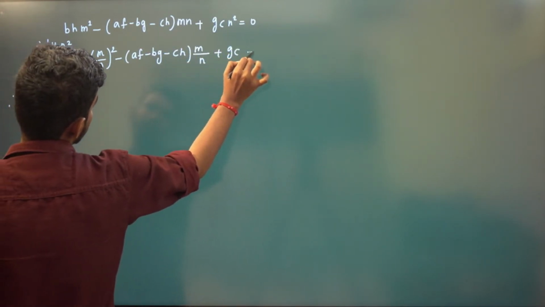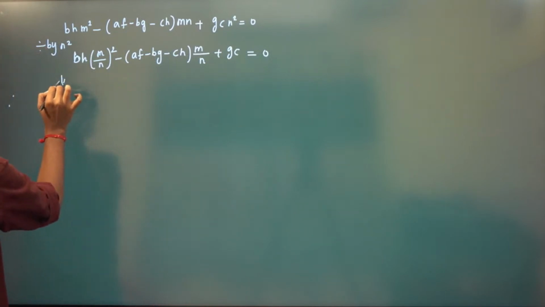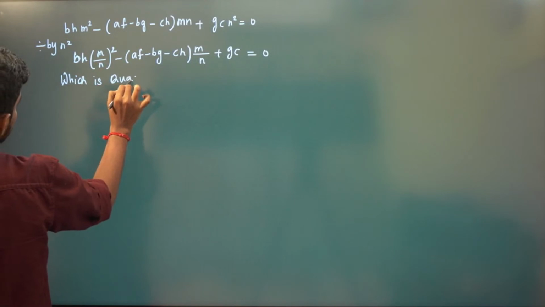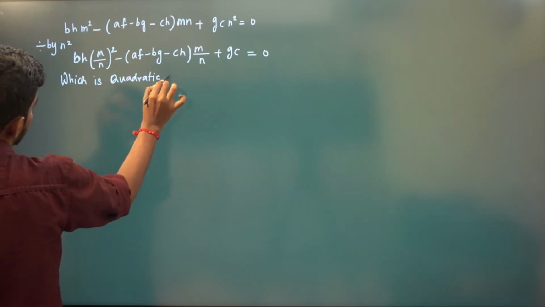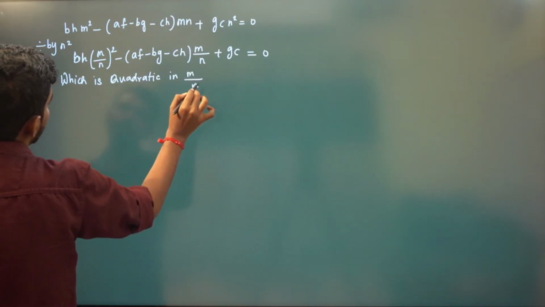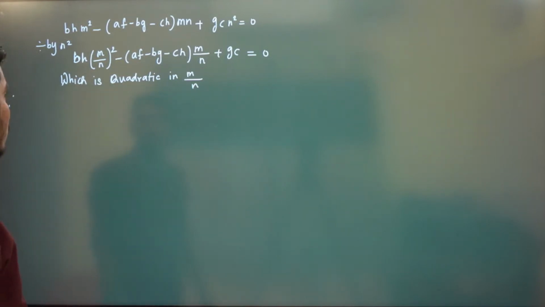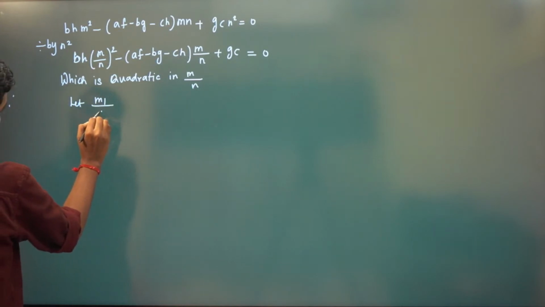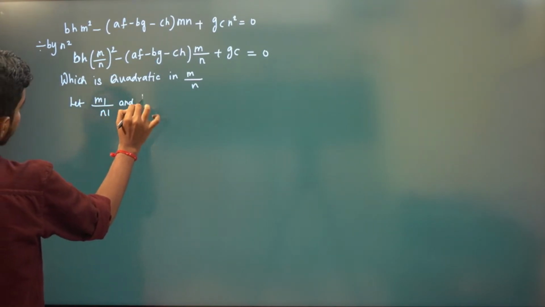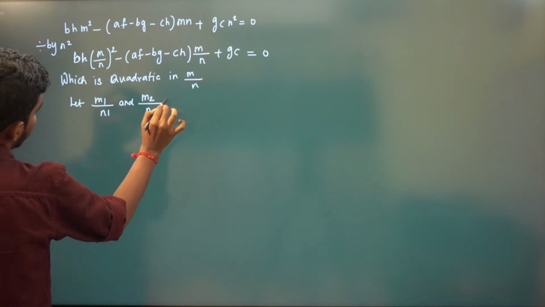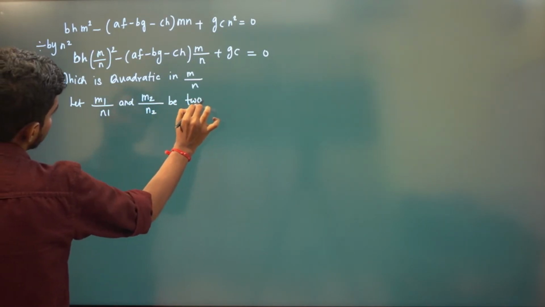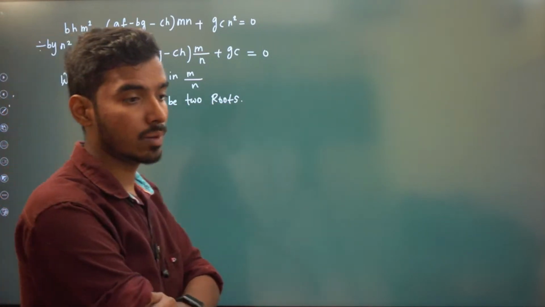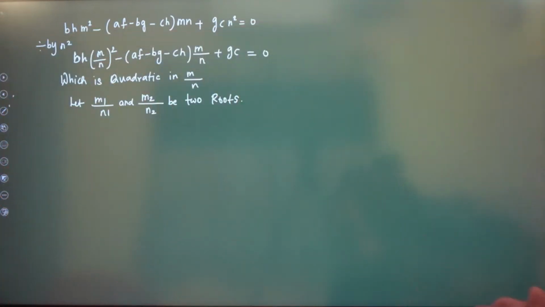This will be plus GC is equal to 0, which is quadratic in m by n, right? Okay, so what about the roots? Let m1 by n1 and m2 by n2 be two roots, right?